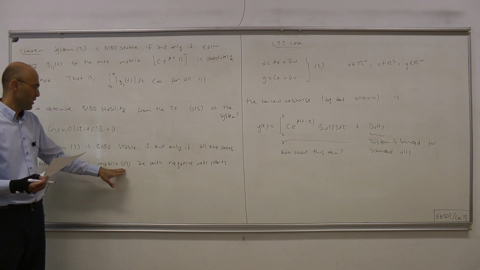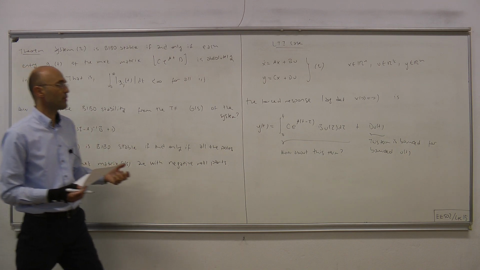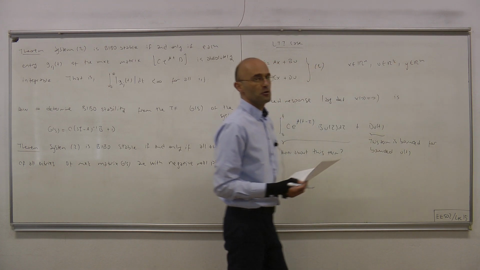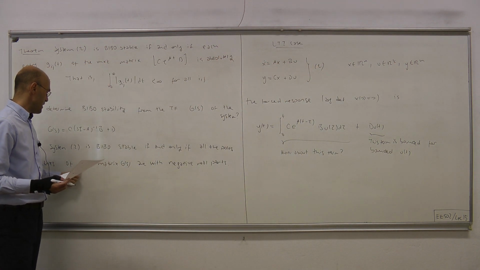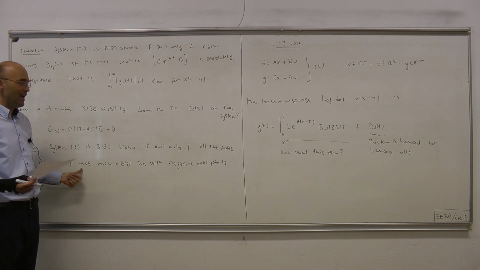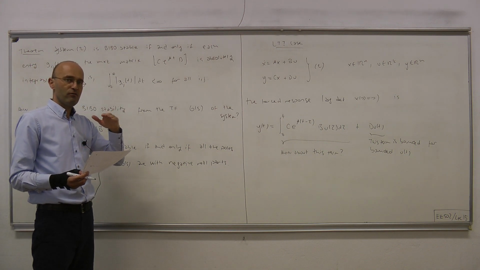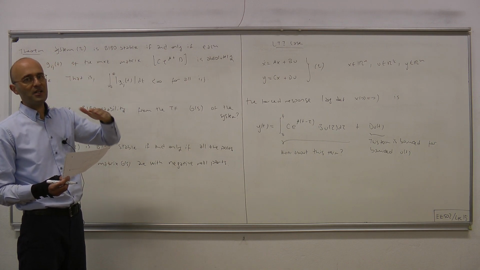Once again, for a general system with m individual outputs and k individual inputs, the transfer function will be an m by k matrix, and entries of that matrix will be rational functions, some polynomial dividing some other polynomial.